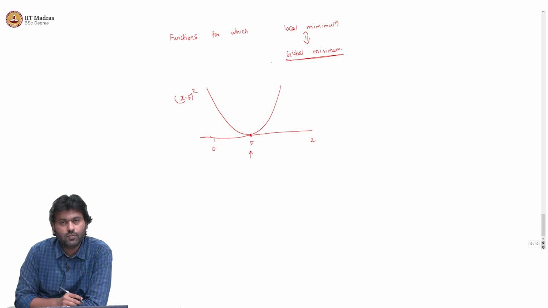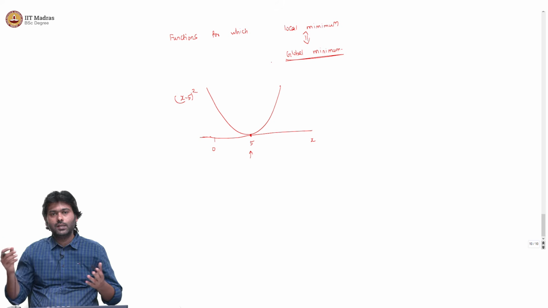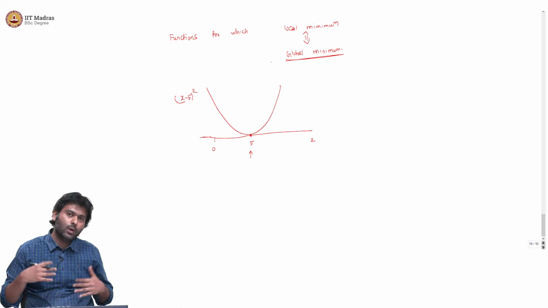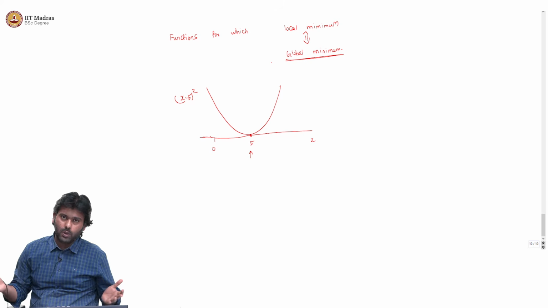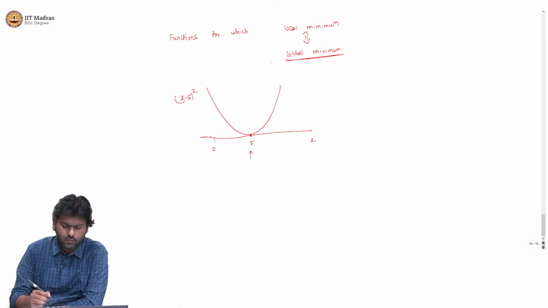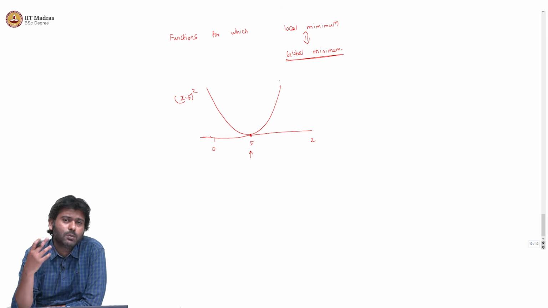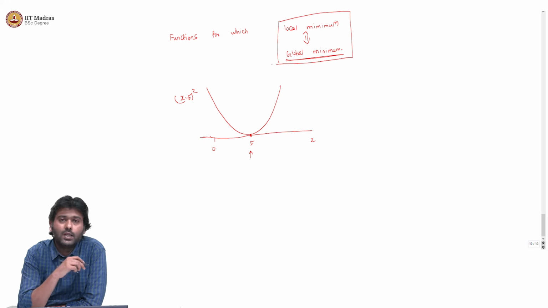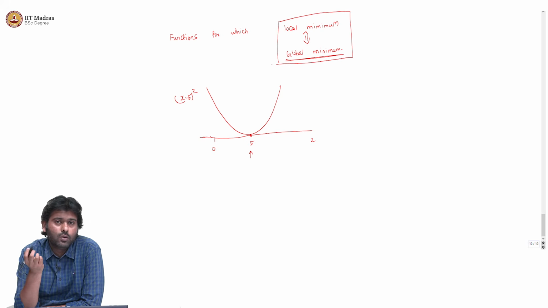This is a function for which your gradient descent will indeed converge to a local minimum, but because that local minimum also happens to be the global minimum, you have also got to the global minimum. So, there are some special functions for which local minimum is the same as global minimum, and these are functions where gradient descent will indeed give you the optimal answer.